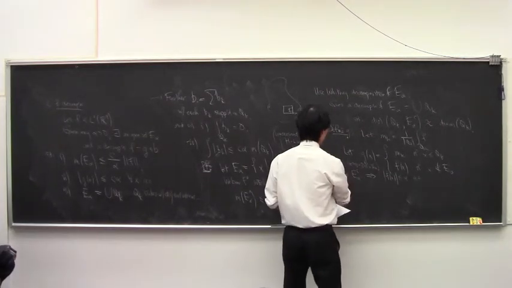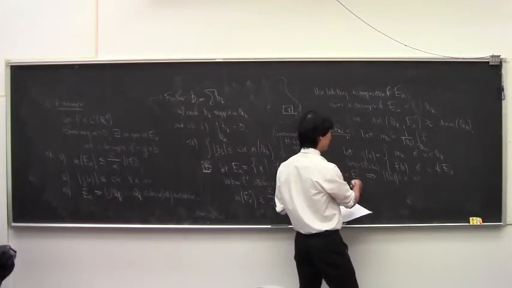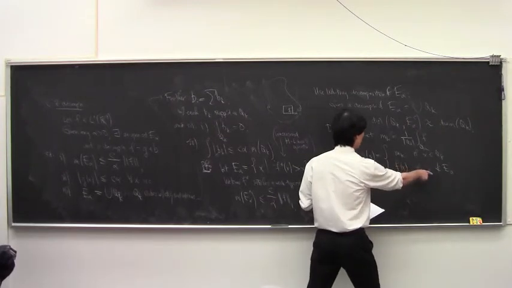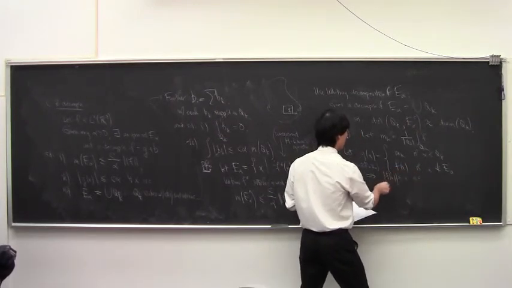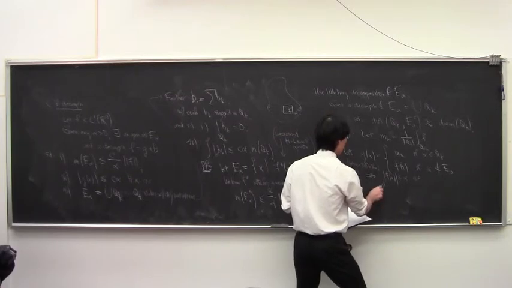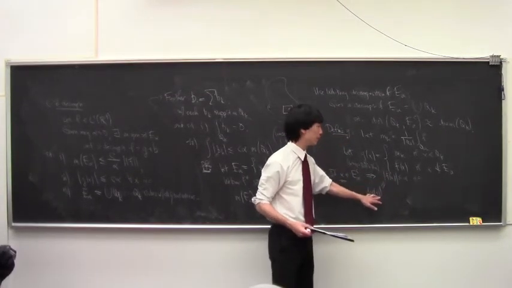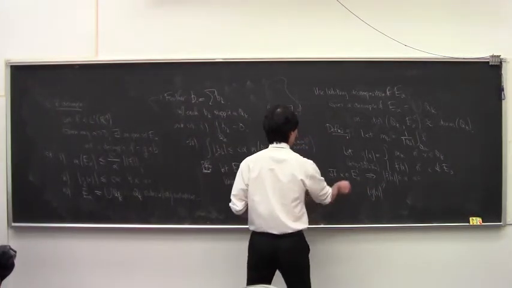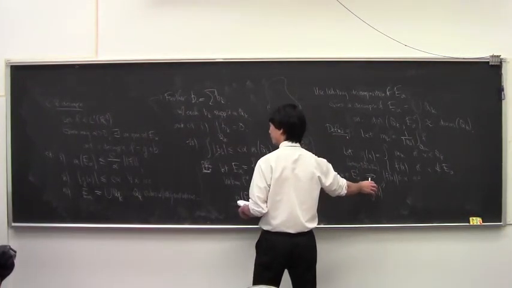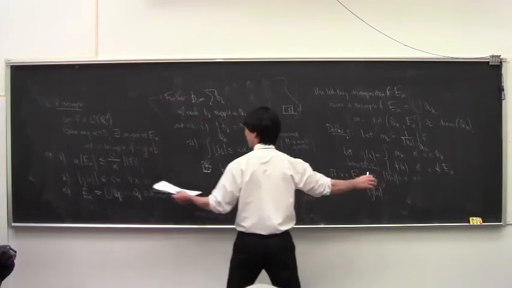So if you're in the place where the maximal function is small, then f of x is small. That's G. G is f of x on that set, so on this place we have the bound.